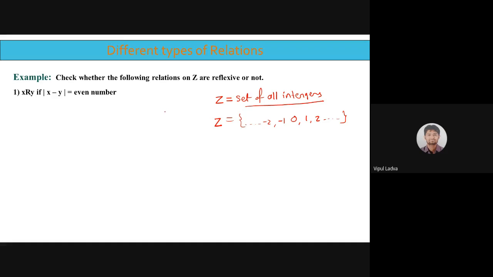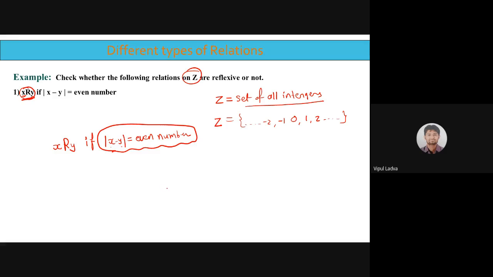Now we are talking about the relation on Z. That relation is provided in this way. Two elements X and Y are in relation, that is, X is in relation with Y, if the absolute value of X minus Y is an even number. If this condition is satisfied for any two numbers, then we can say that X and Y are in relation.